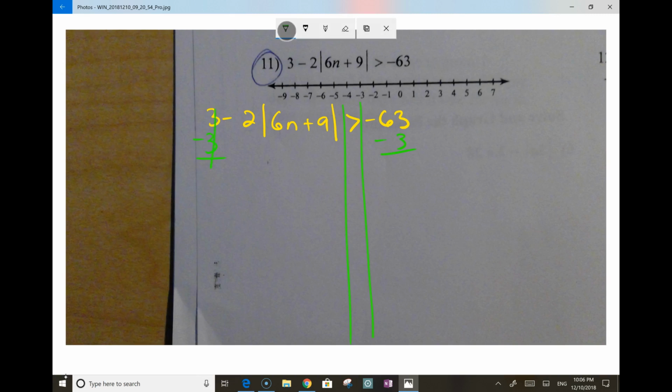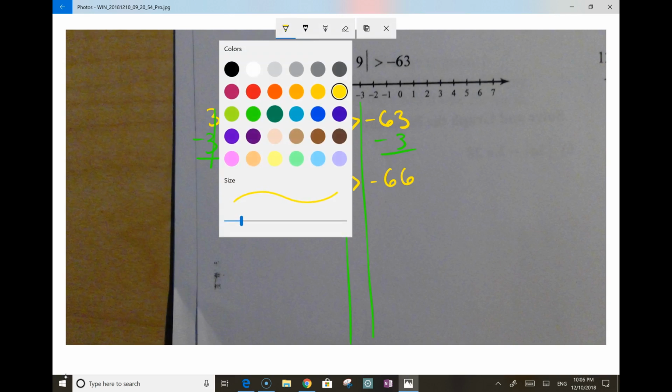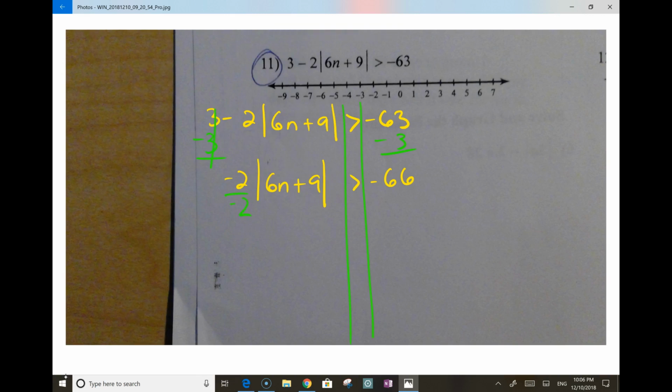These go away. And what you get is negative 2 times the absolute value of 6n plus 9 is greater than negative 66. So now I have to divide by my negative 2 on both sides.